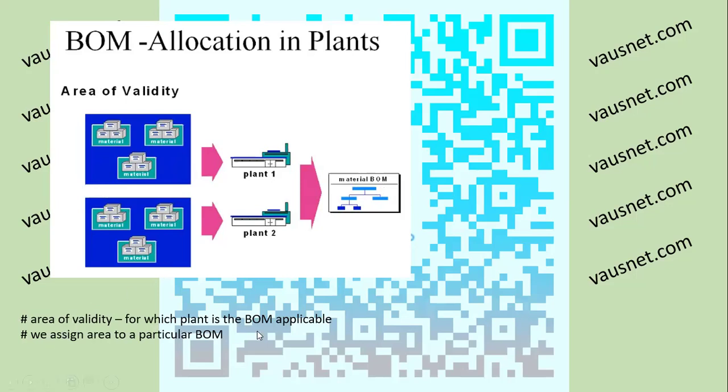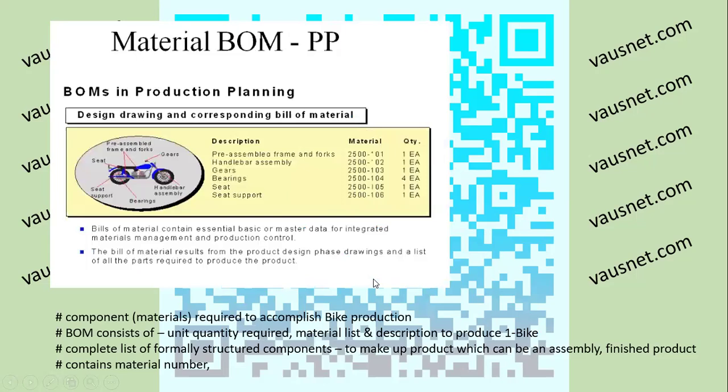So the area of validity will be described within the material BOM for which plant the BOM is applicable. Okay. So it will actually show which plant is eligible to supply and produce this material or component. So we assign that area to a particular BOM. There can be multiple plants, but some plants are specialized for making that motorbike. Okay.